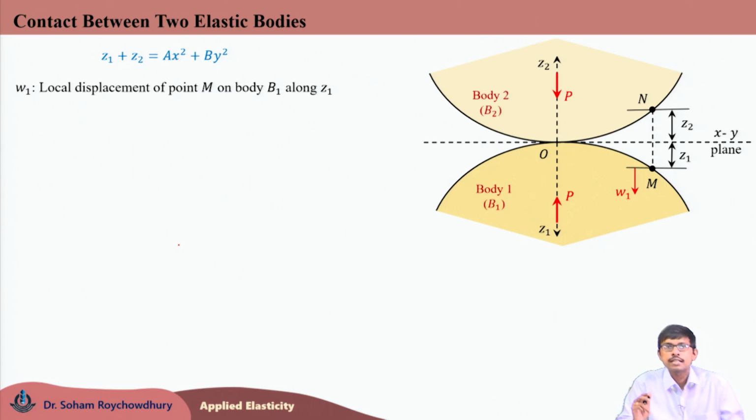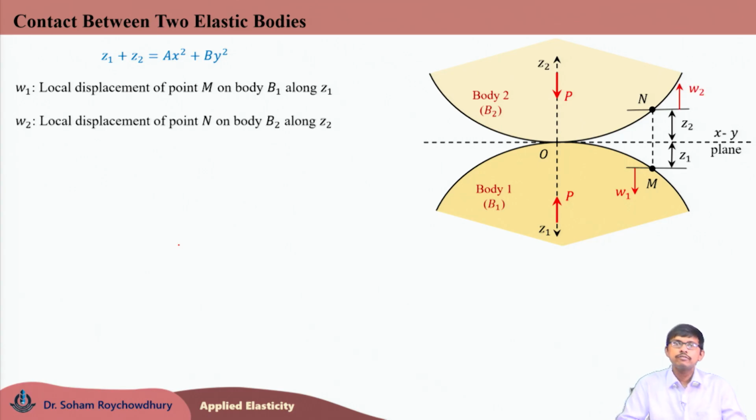So, W1 is considered to be the local deformation of point M on body B1 along the normal direction Z1. Similarly, W2 is the local deformation of point N on body B2 along the normal direction Z2. These are localized deformations which are coming due to the applied load P.